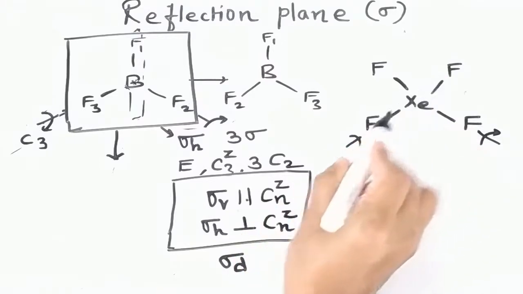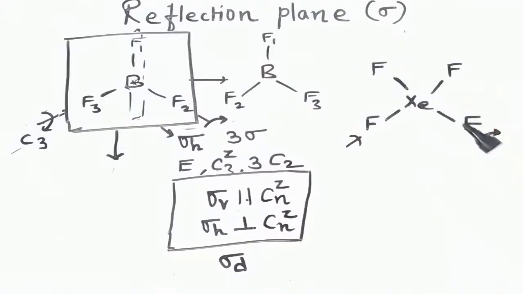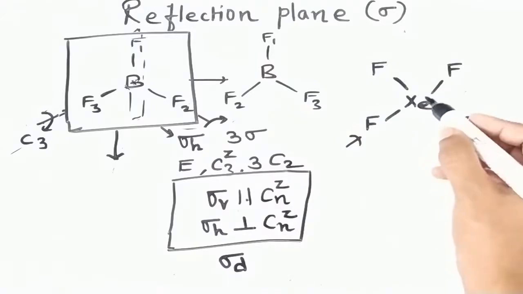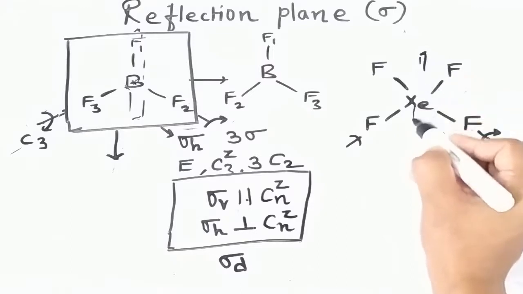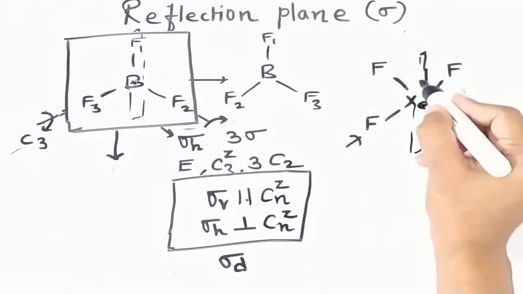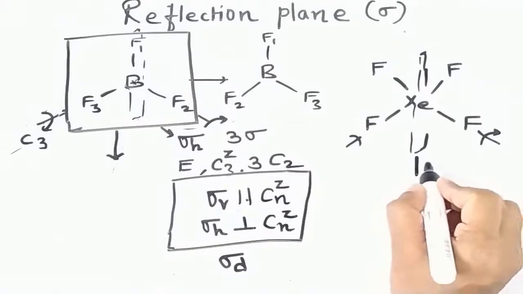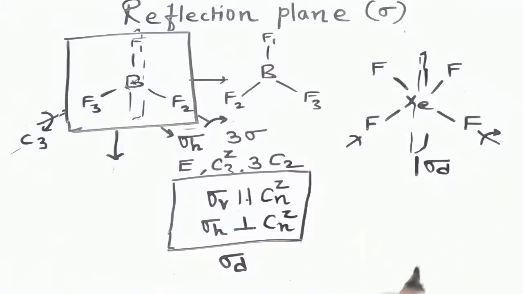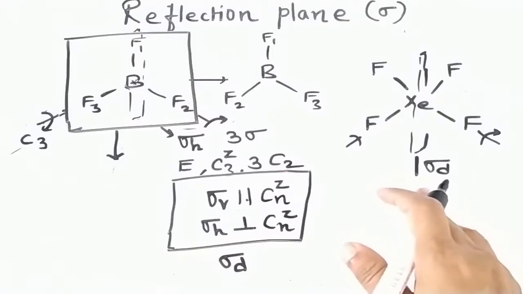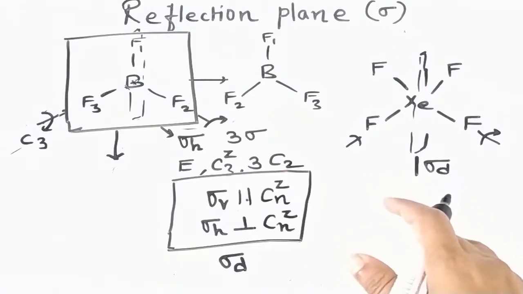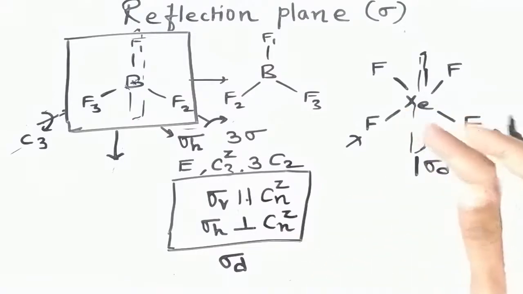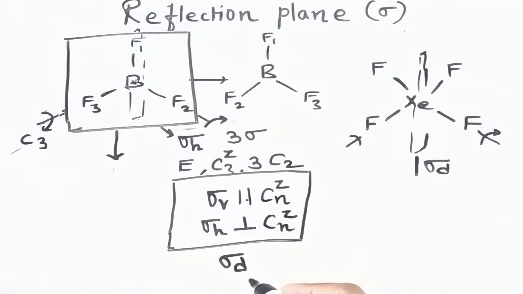So here is one C2 axis, and there is another C2 axis present. The plane which passes through the C2 axes is called a sigma D plane. So this dihedral plane lies along the diagonals of the square planar. So this is how three types of planes are present, that is sigma V, sigma H and sigma D.